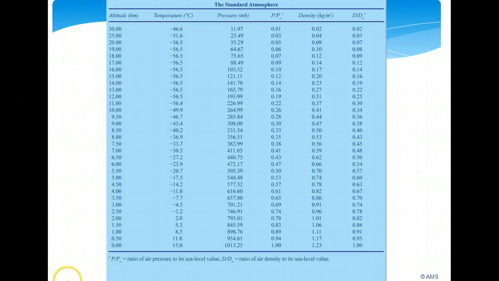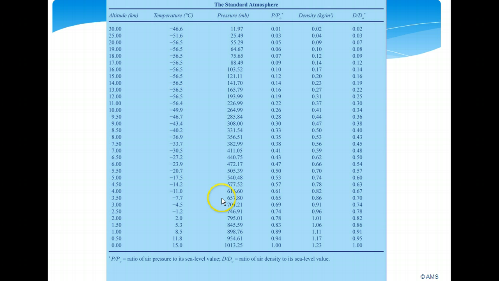This table shows the changes in altitude, temperature, and pressure, and we can see very definitively how it changes as we increase the altitude. We can see that there is a distinct change in pressure and temperature as we increase the altitude.